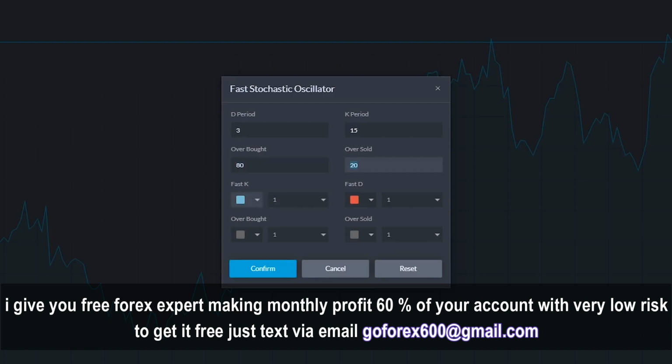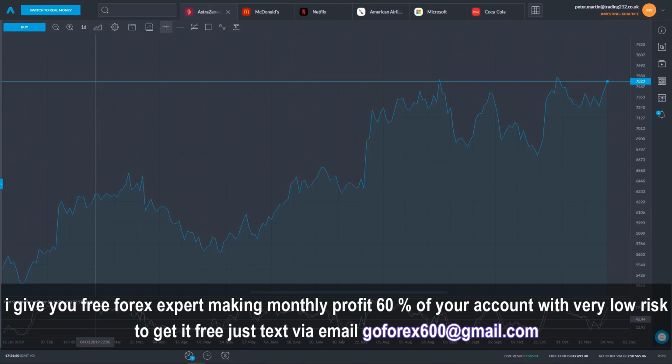We've got those colors, I said, light blue for percentage K and red for percentage D. So I'm going to click confirm, and then the oscillator appears there at the bottom of the screen. We can see our overbought and oversold regions marked on, and then the light blue percentage K line with the smoother averaged out percentage D line there. And you can see there's plenty of crossovers and plenty of times where they've moved into overbought and oversold.